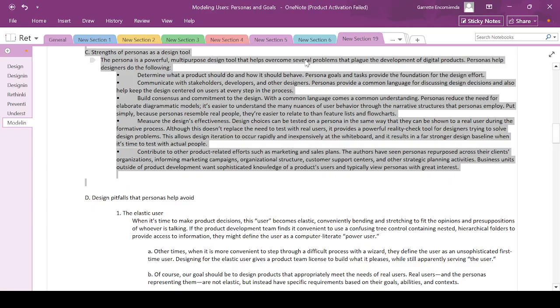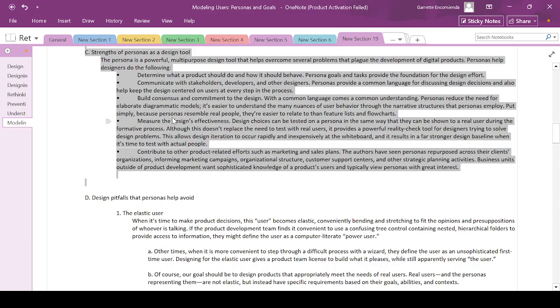Communicate with stakeholders, developers, and other designers. Personas provide a common language for discussing design decisions and also help keep the design centered on users at every step in the process. It also helps with communication with stakeholders, builds consensus and commitment to the design. With a common language comes a common understanding.